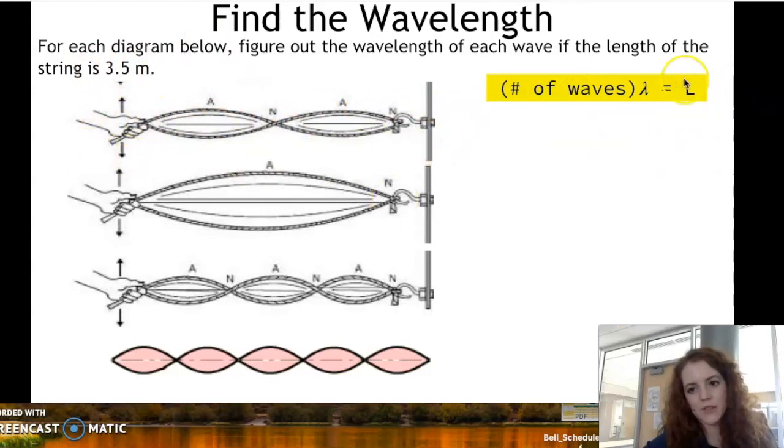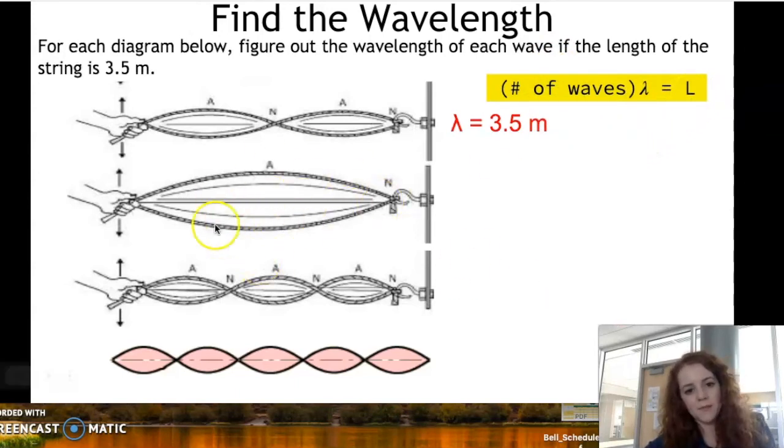So every single one of these has a length of 3.5 meters. I count one wave in this first picture, so that means my wavelength is 3.5 meters, right? That one's pretty easy. Number of waves, 1, times something equals 3.5. We already did that one.